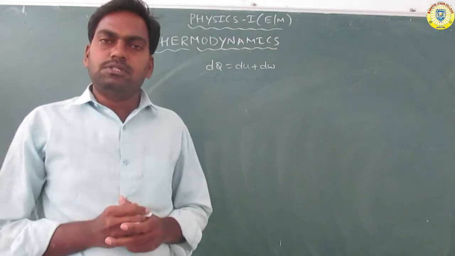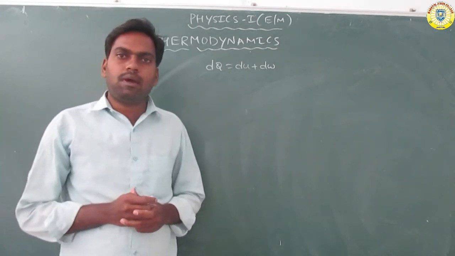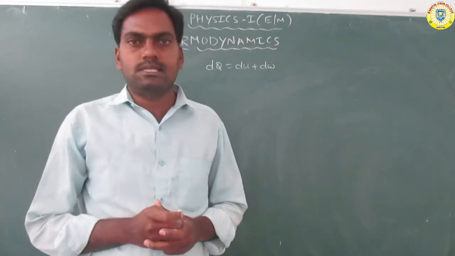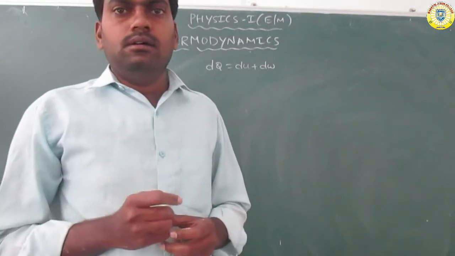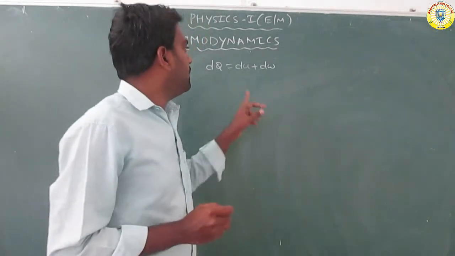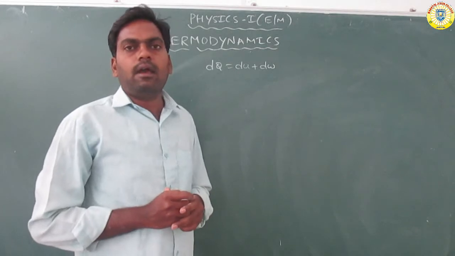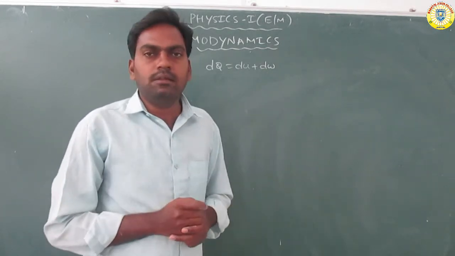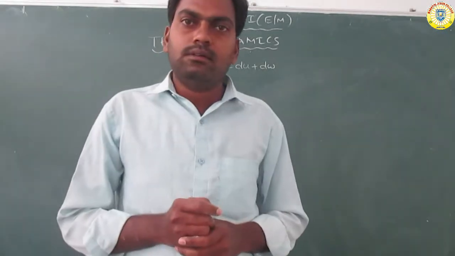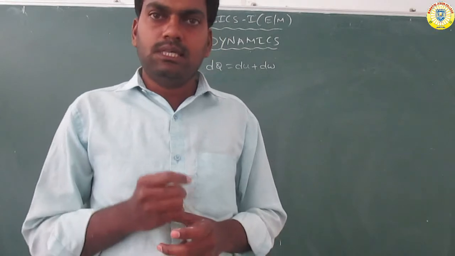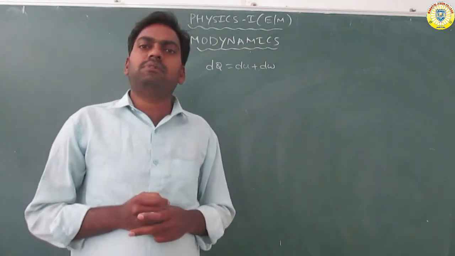The heat supplied to the system is utilized in increasing the internal energy, and some is used in doing work done by the system. So that is called the first law of thermodynamics.